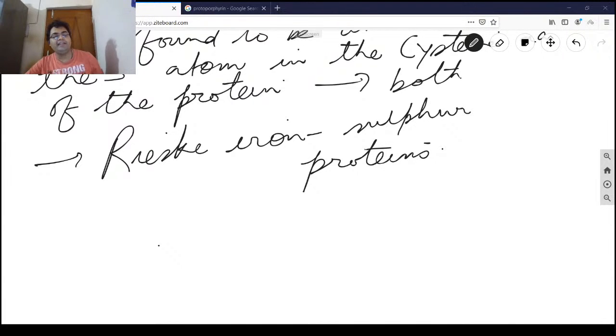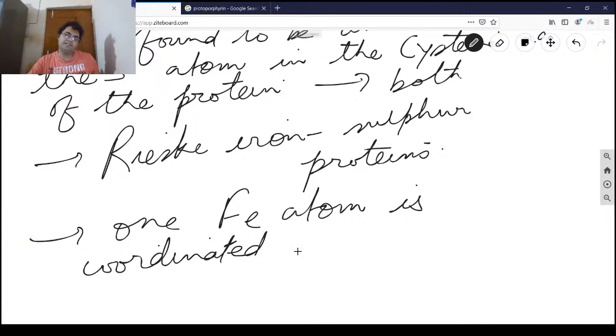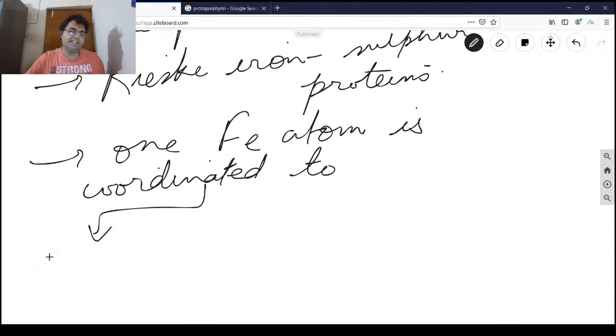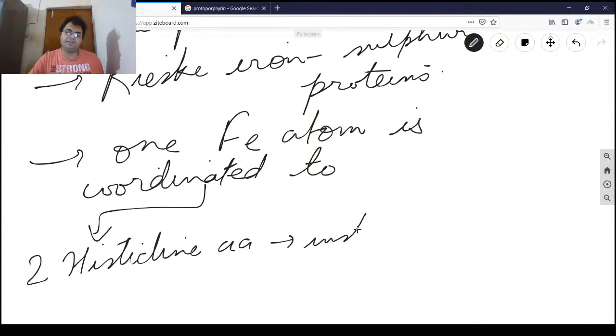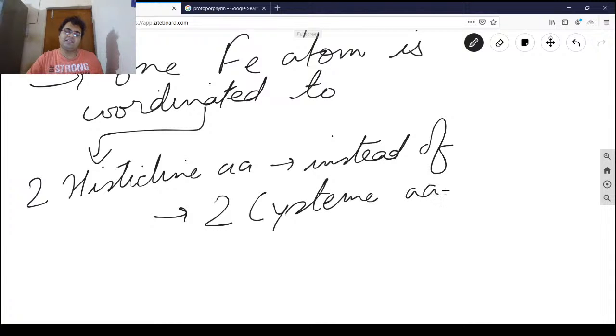So instead of binding to cysteine, the one Fe atom is coordinated to two histidine, another amino acid, instead of binding to two cysteine amino acids.